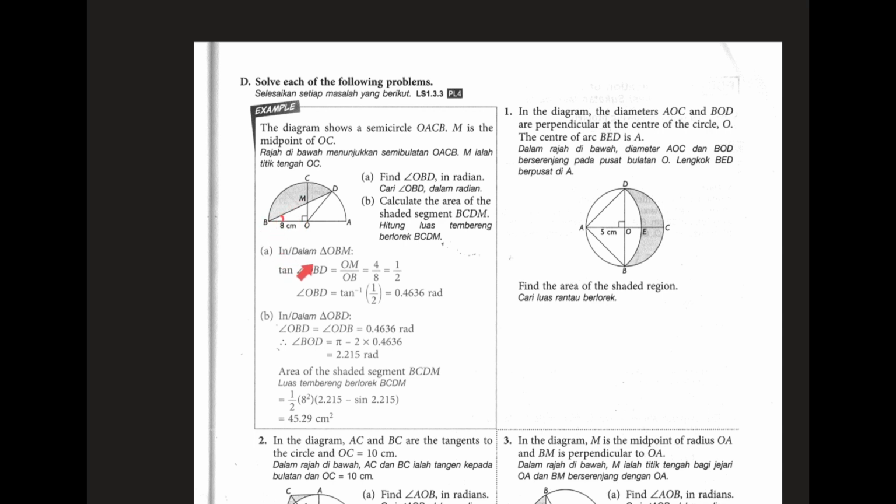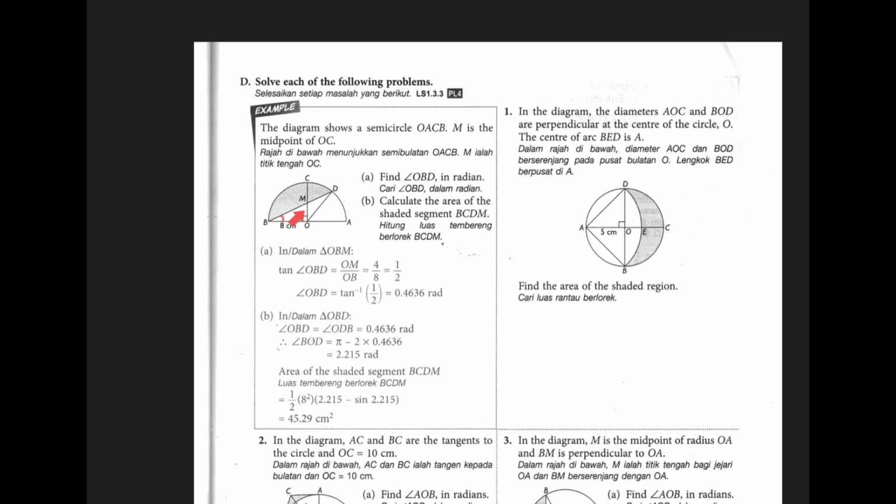You know tangent equals opposite over adjacent. So tangent angle OBD is equal to opposite, which is OM, over OB, which is the adjacent. OM they know is 4, because this is the midpoint and the whole line is the radius, 8 cm. Same with this one, this is also the radius.